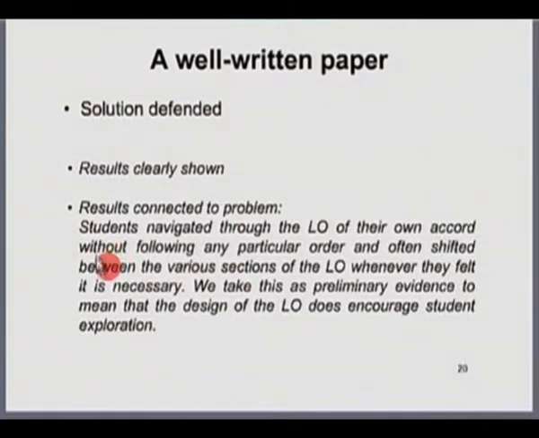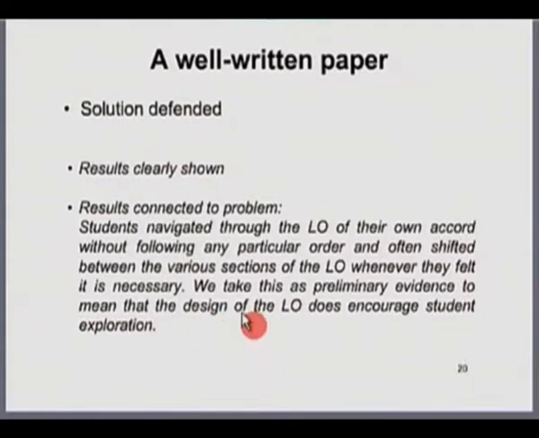I think this appears in the last paragraph of paper A: students navigated through the learning object on their own accord without following any particular order and shifted between the various sections of the object. And somewhere else in the paper it was written that these were the design features incorporated in the learning object, that students were given the opportunity to go back and forth between the different sections.